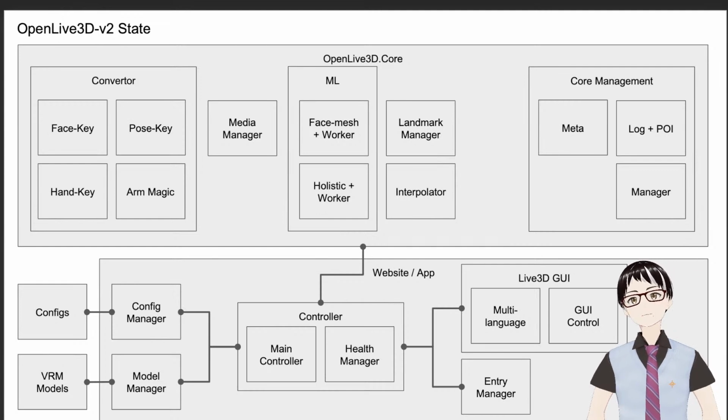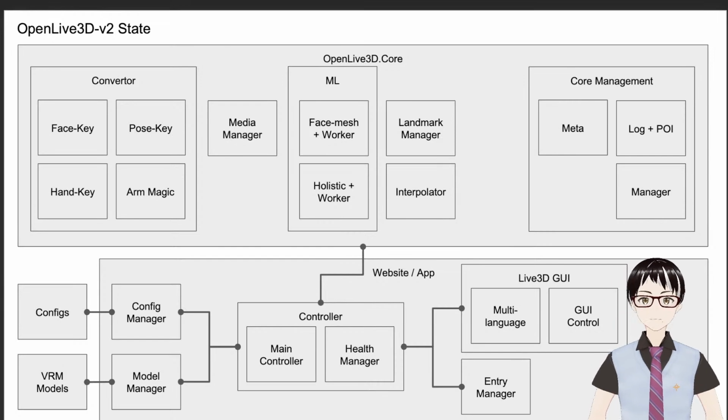So I actually went into detail and listed all the architectures that we have, and this is the architecture that we have already sorted out. And for the thread control, if we are able to complete the Electron separation, the thread control will go into the landmark manager at the top center.